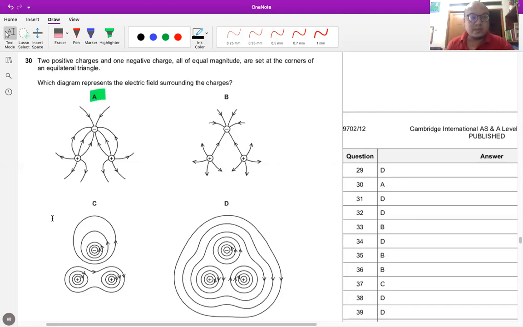Two positive charges and one negative charge of equal magnitude are set at the corners of an equilateral triangle. Which diagram represents the electric field surrounding the charges? This is not correct.